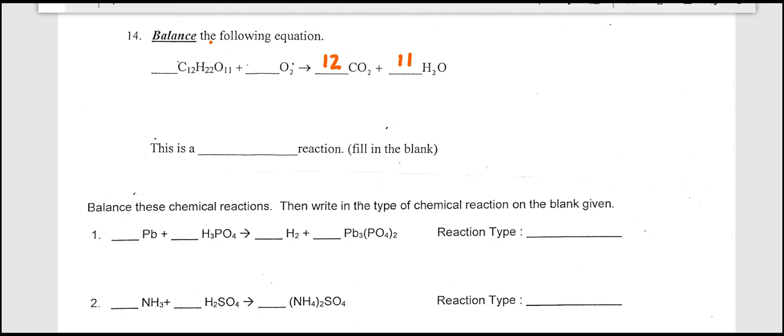Here I have 1 oxygen, and here I have 2, for a total of 3. Here I have 12 times 2, or 24 oxygens, and 11 oxygens. So on the right here I have 35 oxygens. That means that over here I need to have 35 oxygens.